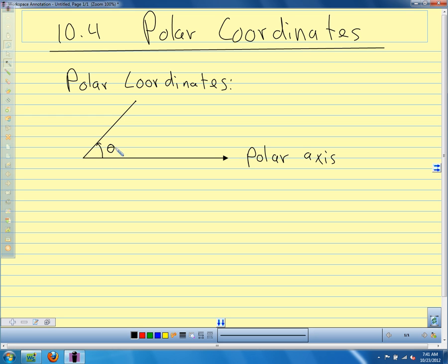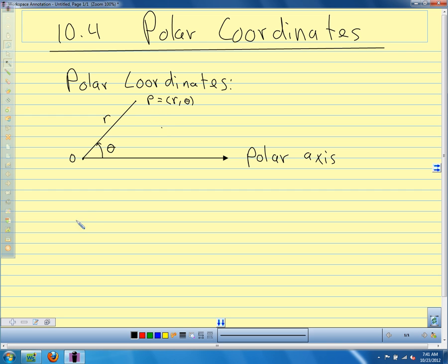And theta is the angle between our segment and the polar axis. And we'll call this the origin. And the length of our segment is r. And we define this point P as having the coordinates r and theta. So this will define a point in space.